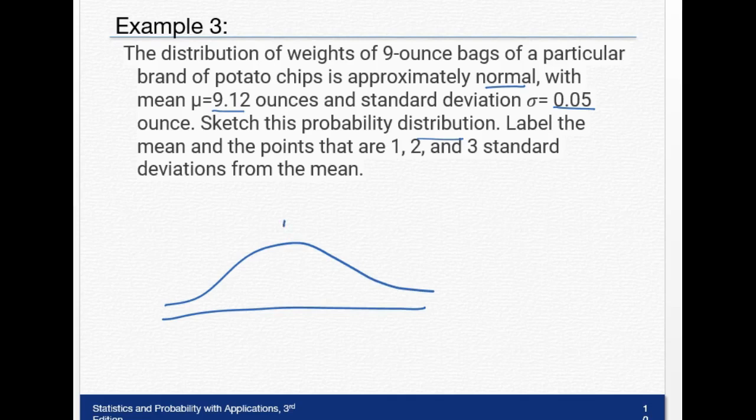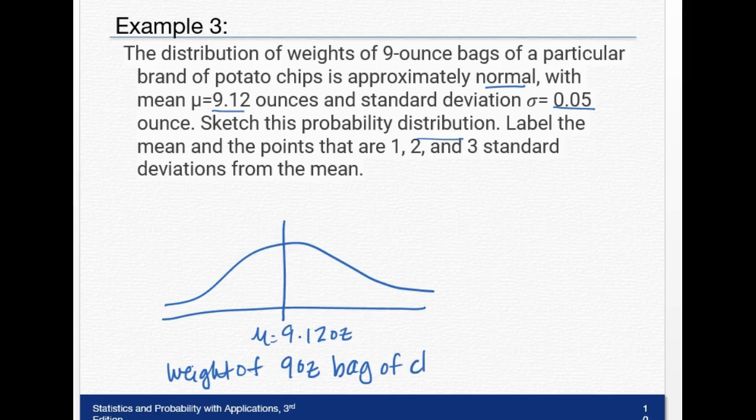All right, the mean is right in the middle. So we say 9.12 ounces. And we label this, we'd say the weight of a 9-ounce bag of chips. All right, now the next thing it says, label the mean and the points that are 1, 2, and 3 standard deviations from the mean.